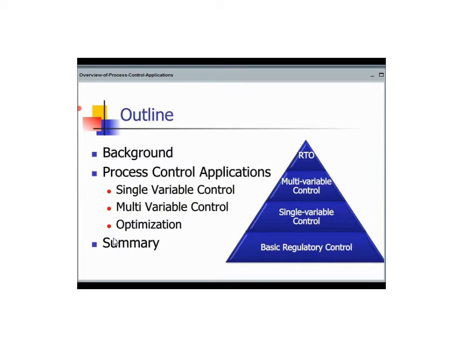We'll talk about basic regulatory control, single variable and multi-variable control, and finally real-time optimization, which is the field I'm currently working in. This is by no means intended to be a comprehensive list of applications. It's just what I have seen while working in the industry.